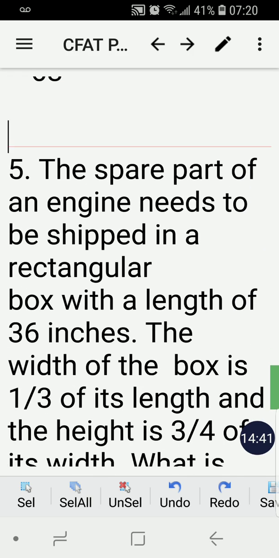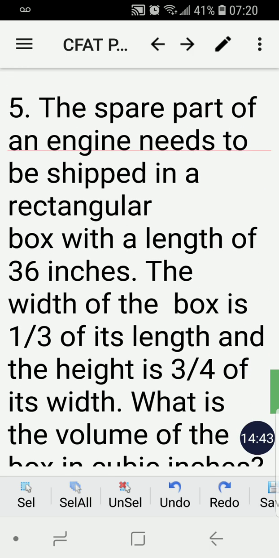Number 5, last but not the least question. I hope this one is interesting because this question is all about boxing, packaging, more like a warehouse setting.